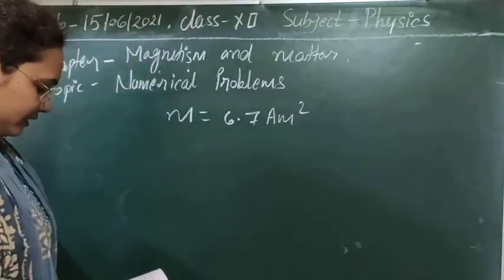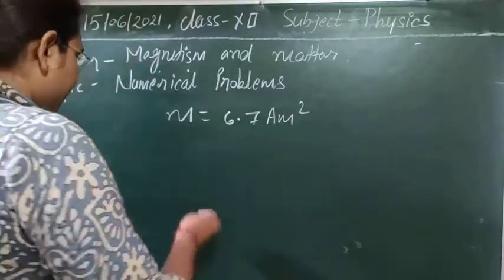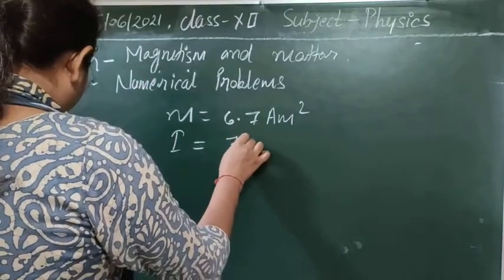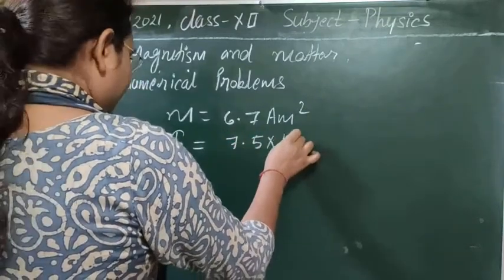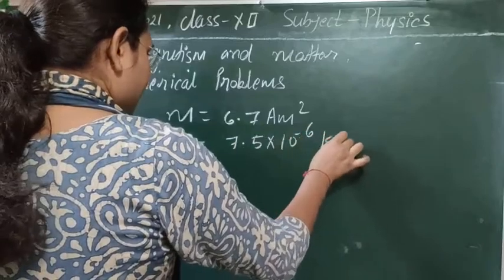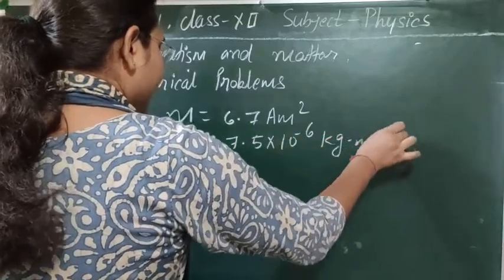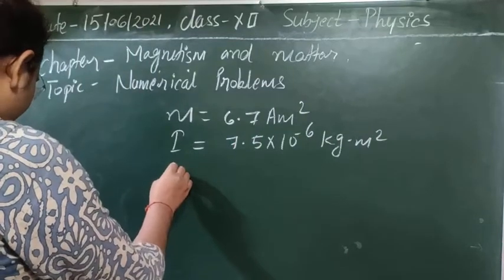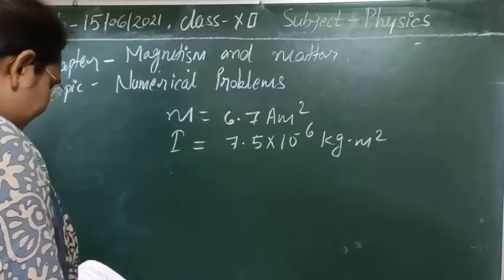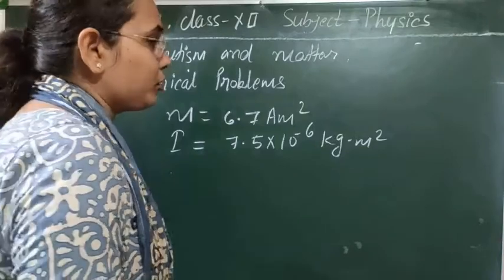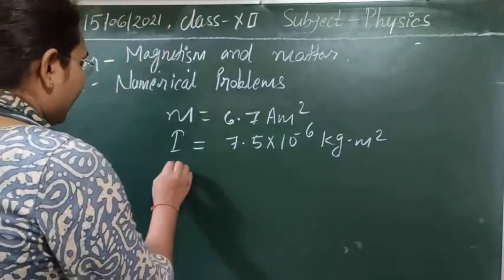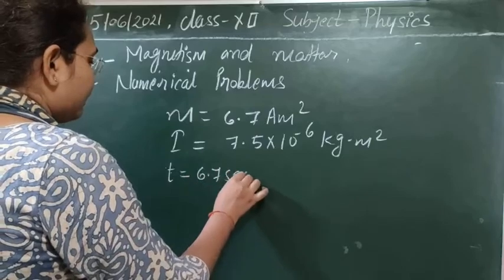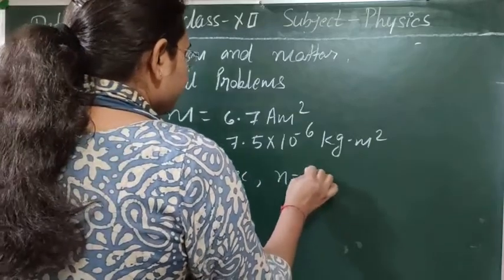Next, the moment of inertia I is 7.5 into 10⁻⁶, sorry, this should be kg meter square. And the next factor given is that it completes 10 oscillations in 6.70 seconds, meaning the time taken to complete 10 oscillations is 6.7 seconds.